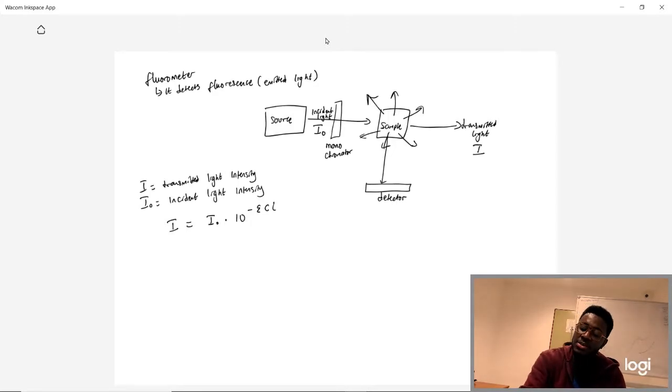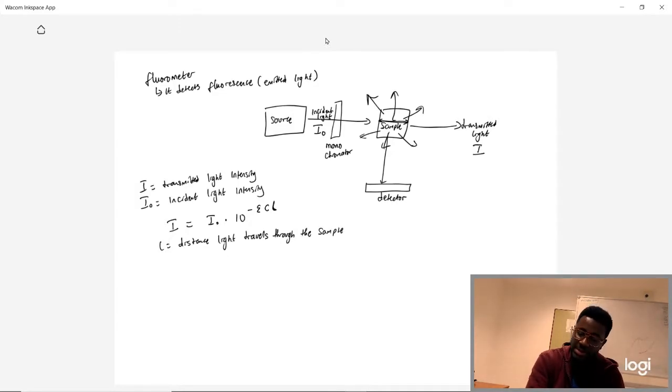What's the L? L is the distance the light travels through your sample.